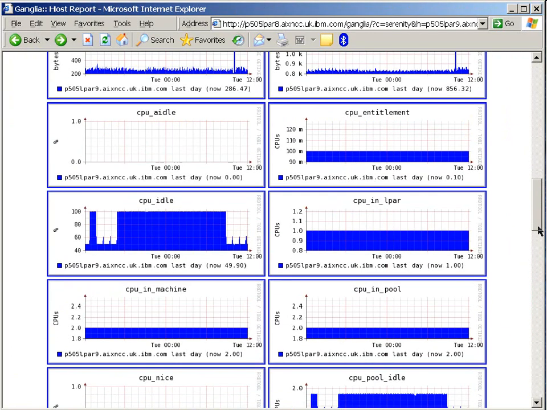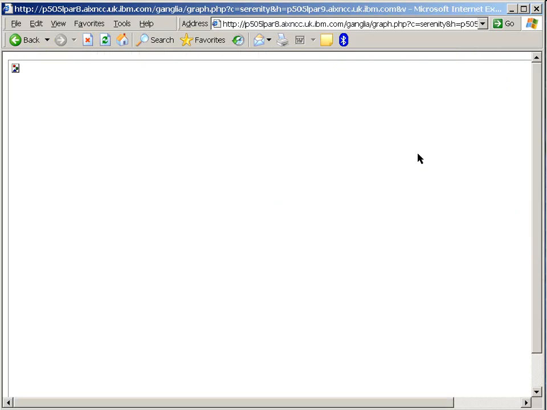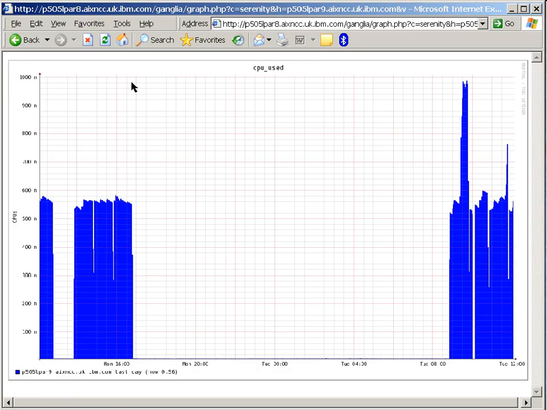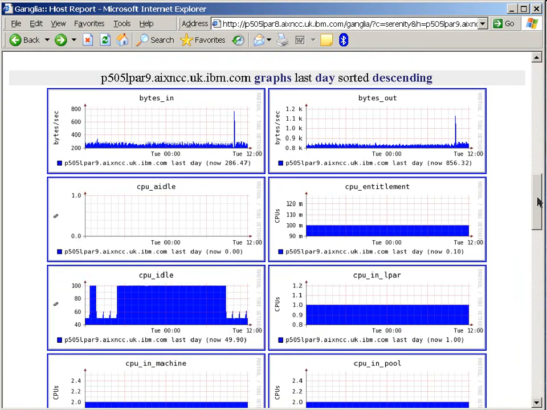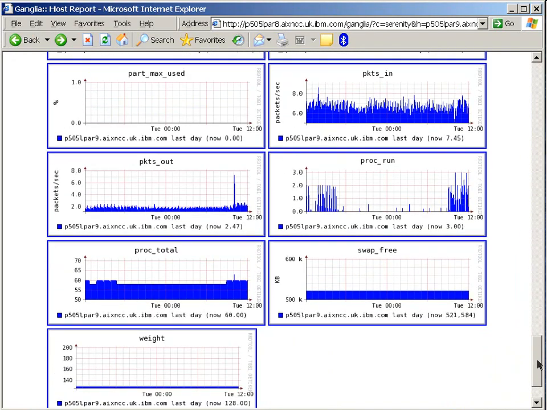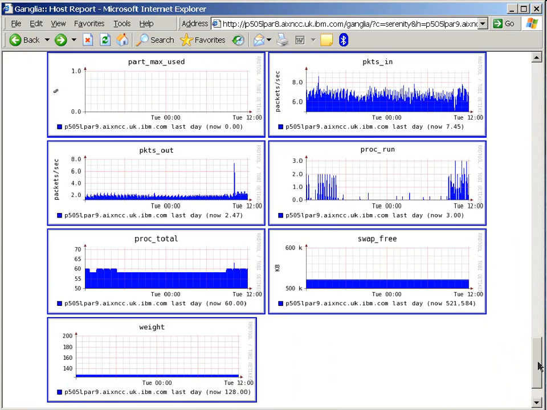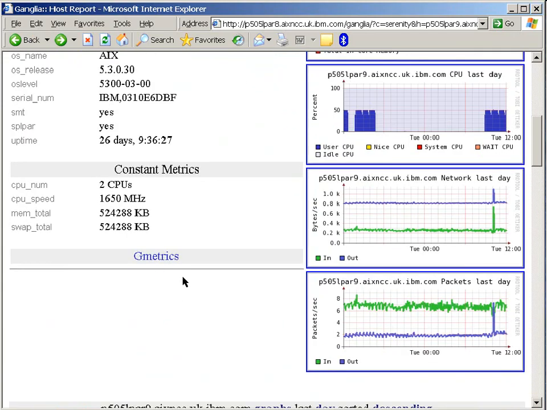And we can scroll down and see all the individual numbers here for this particular logical partition. CPU used we've seen globally, and now we can see the individual details for this particular logical partition. Okay, if we go to the top, there's a field here that we can go into.